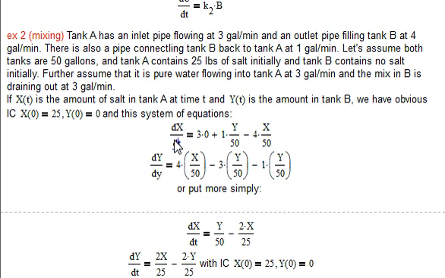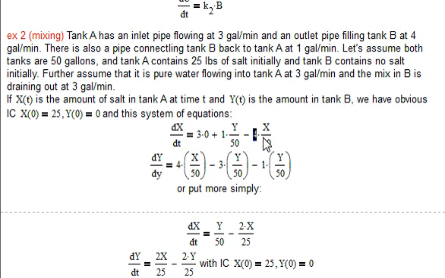So the change in the amount of salt in tank A is 3 gallons coming in times no salt, plus 1 gallon coming in from tank B, and tank B's amount of salt per gallon is Y divided by 50. And then going out of tank A is 4 gallons going into tank B, remember?